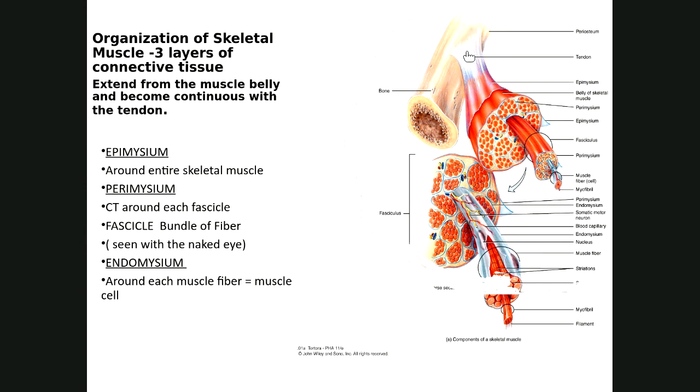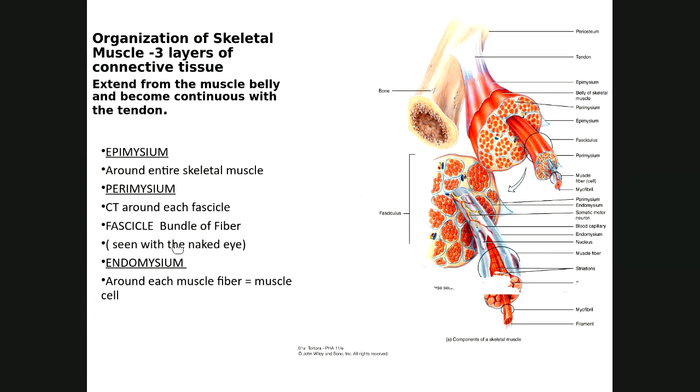It's very difficult to tear a tendon away from its bone. So again, the epimysium surrounds the entire skeletal muscle belly. It also surrounds these little bags of muscle cells, and the connective tissue around each of these fascicles is called the perimysium.